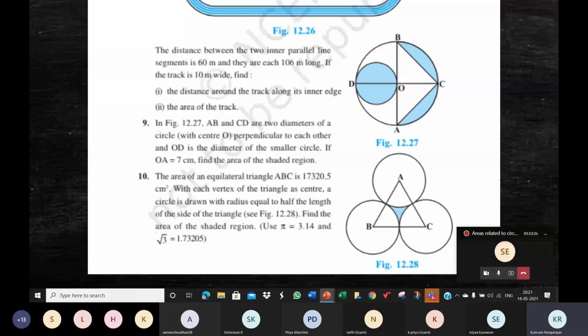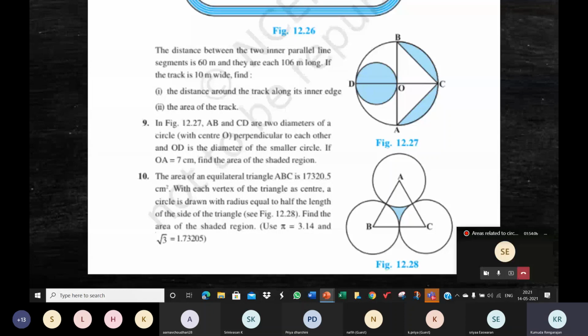See children, root 3 by 4 into side square is equal to that number. I'm asking you, what is side square? 40,000. Okay, 40,000. So side is equal to the square root of 40,000, which is 200 centimeters.